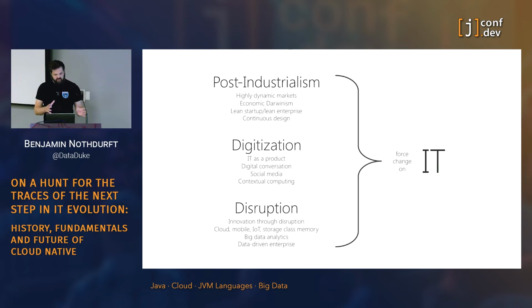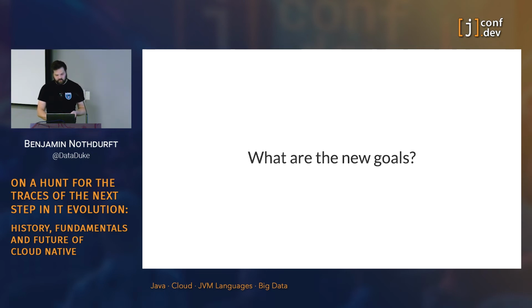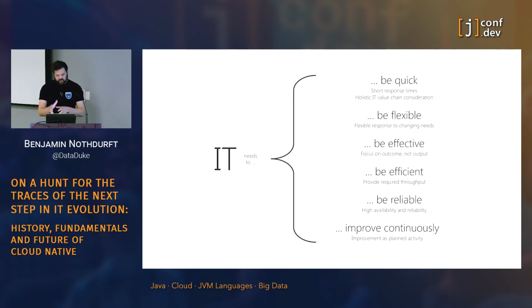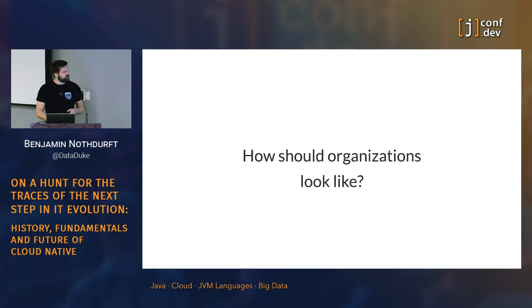On the other hand, we have digitization and disruption. Disruption means that we come out with new technologies and blow away all the competition, as, for example, Uber did with the taxi world, right? So these are the goals that we try to align to with cloud native.